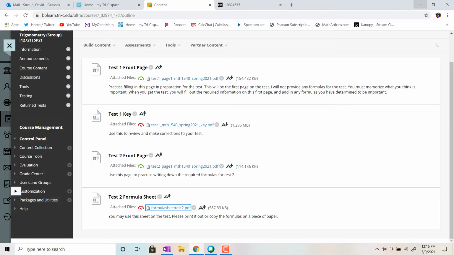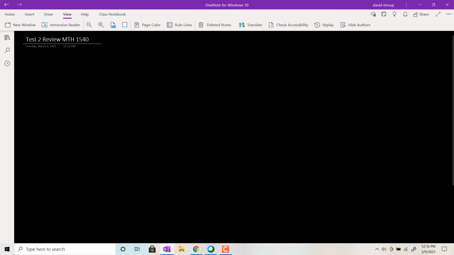So which formulas do I need to have memorized then? Let's go ahead and list those. You should have these already memorized from the first test. First off, the reciprocal identities. Sine is 1 over cosecant, and cosecant is 1 over sine.